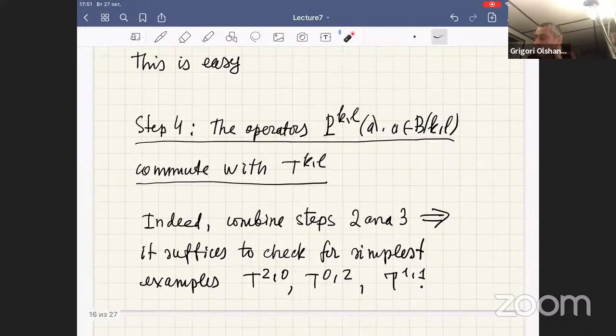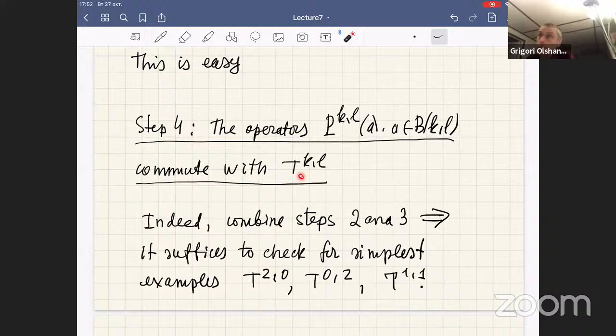The next step is to prove that the operators on the tensor space, which are defined as I tried to explain, commute with our initial representation of the group GL_N.